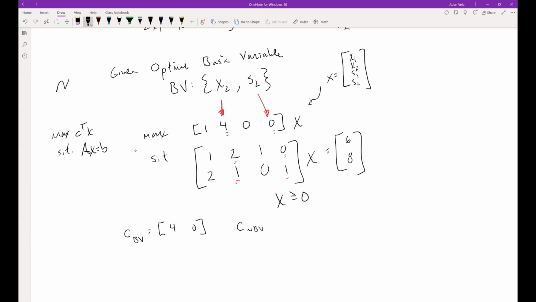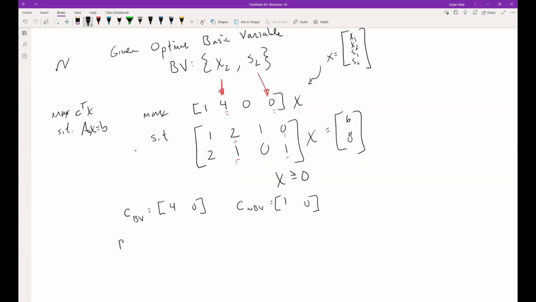CNBV is everything else, so it's 1 and 0. Our B matrix, capital B, is 2, 1, and 0, 1.